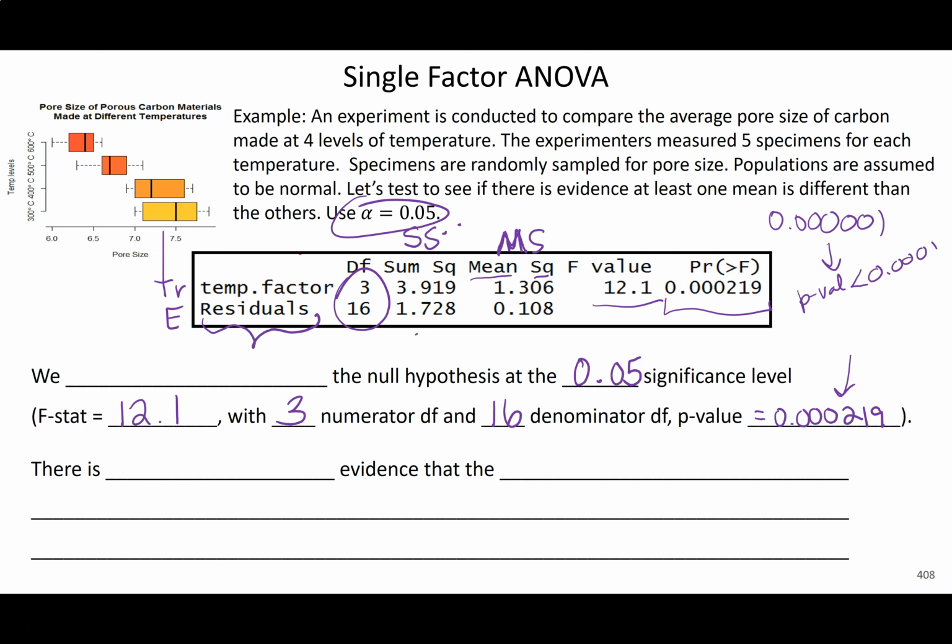So here we have my small p-value, my bigger significance level, we're going to reject, and then we would fill out the rest from there. It's pretty strong, so very strong or convincing evidence that at least one of those means, the mean pore size of carbon materials, differs for at least one of the 4 temperature treatments.